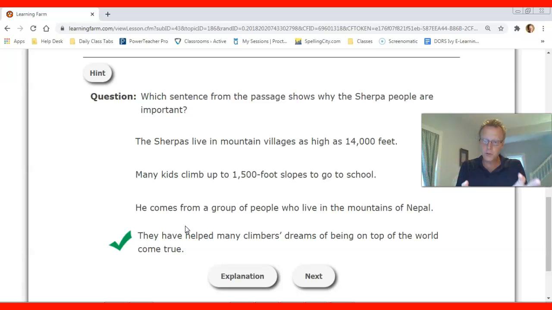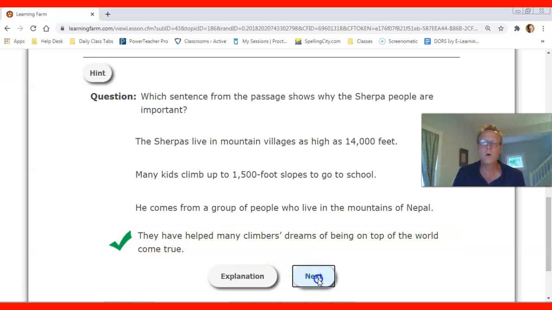These are all true, these are all things that are in the story, but the point of the story is these people are important because, and he put it at the very end, the conclusion, they help climbers climb the highest mountain in the world. That's amazing, that even a 16-year-old kid could do that. That makes them important. And they help carry everything to the top.